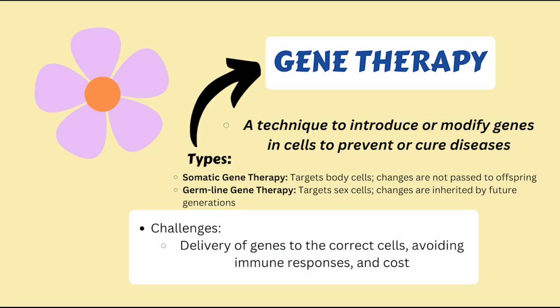The second one is germline gene therapy, which targets reproductive cells, so the changes can be inherited by future generations. Gene therapy can involve replacing a faulty gene with a healthy one, inactivating a problematic gene, or introducing a new gene to help fight a disease. While promising, there are still challenges like delivering the gene correctly and avoiding immune response.